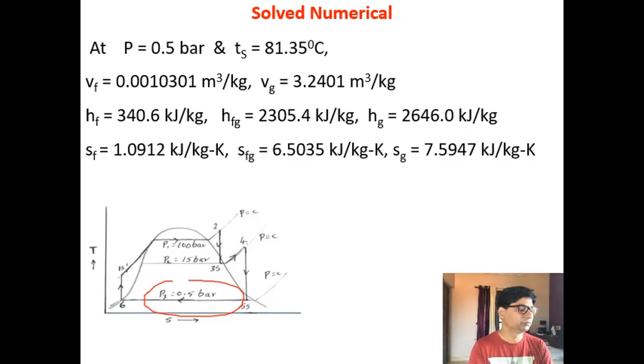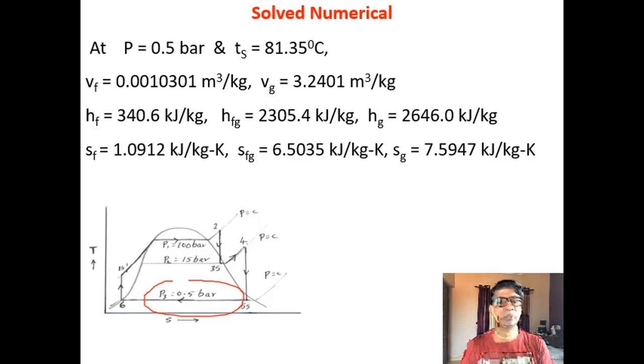At 0.5 bar, the temperature is 81.35, VF is 0.0010301, VG is 3.2401, HF is 344.6, HFG is 2305.4, HG is 2646.0, SF is 1.0912, SFG is 6.5035, SG is 7.5947. So these are the values of properties from the steam table at 0.5 bar.